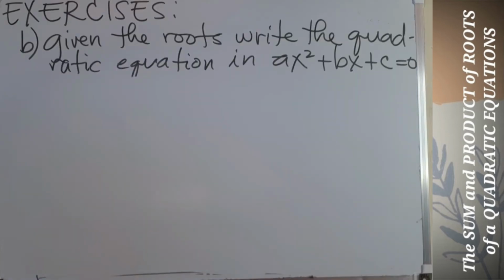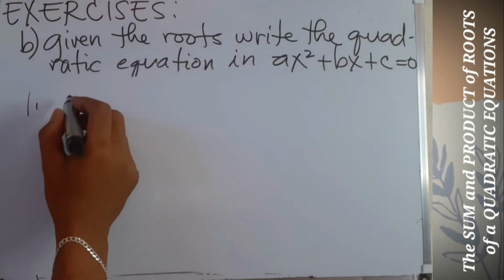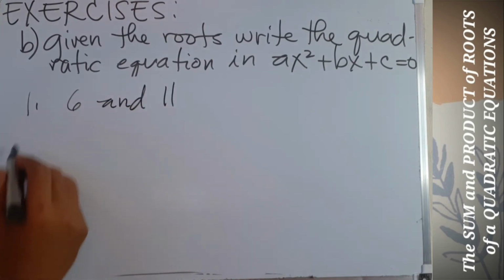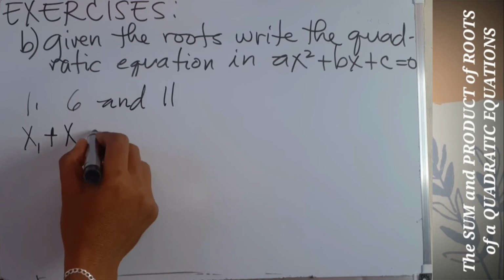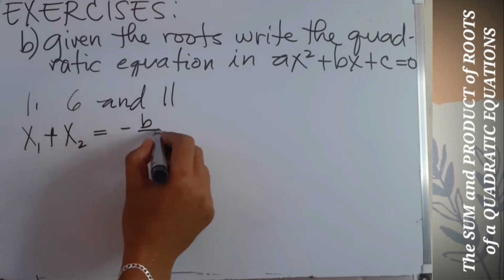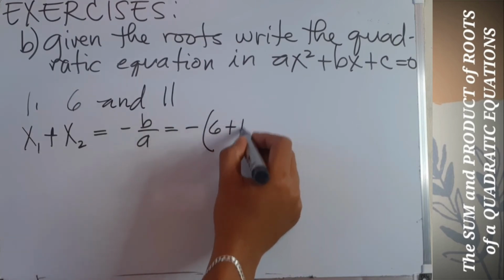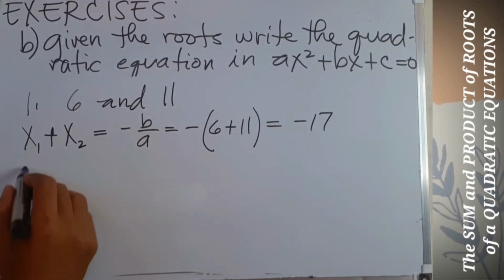Let us continue. Exercise letter B. Given the roots, write the quadratic equation in standard form. Number 1, the roots are 6 and 11. The sum of the roots, x sub 1 plus x sub 2 equals negative b over a equals negative 6 plus 11 equals negative 17.